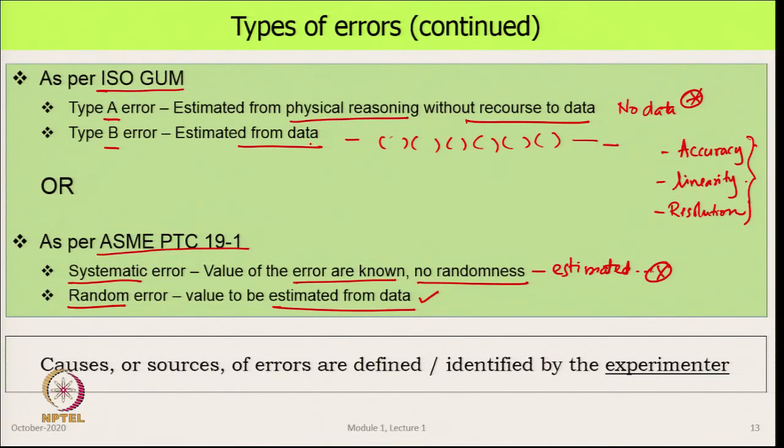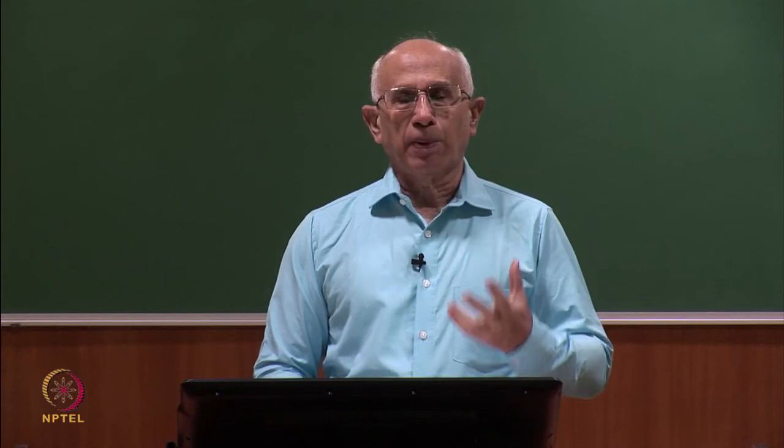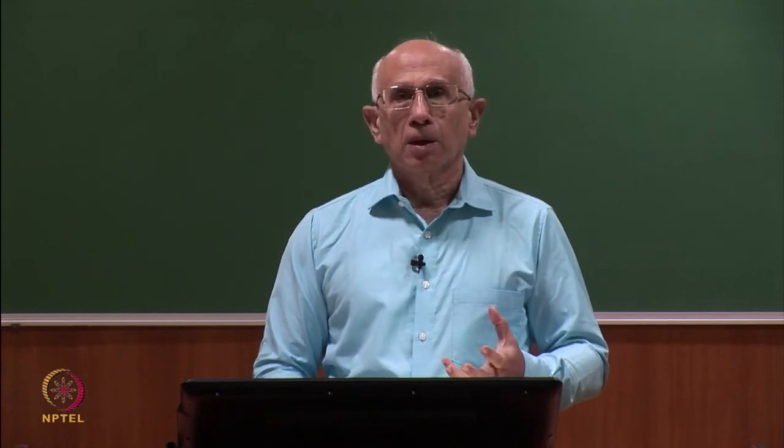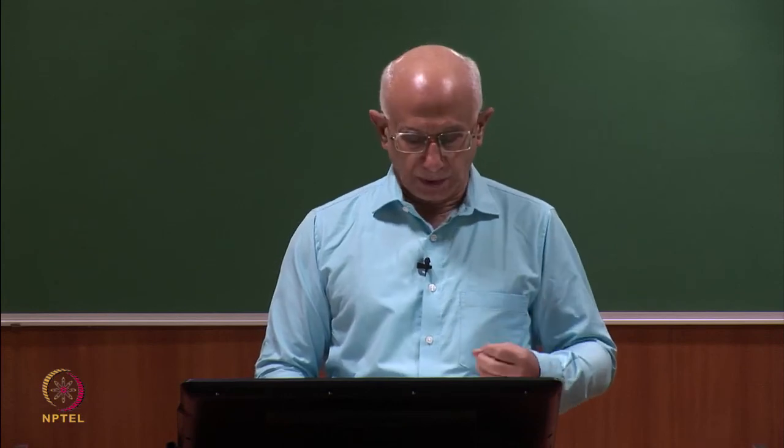Random error or type B error is something which you have to get from data. So you make repeated measurements or use different instruments to make a measurement, and from there you say, this is the random error in this instrument or this measurement. The important thing in an experiment is what the sources of error are and what the types of those sources are.